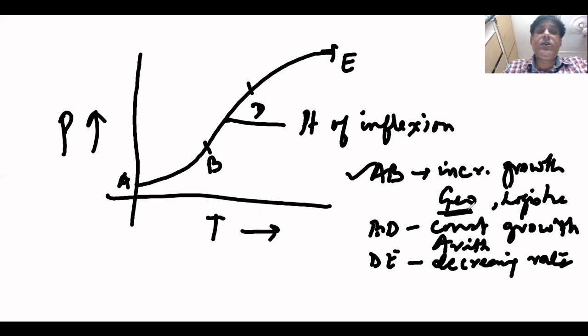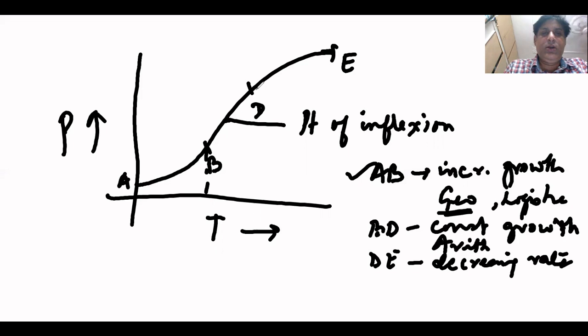There was a constant growth in portion BD, which was depicted by arithmetic increase, because for arithmetic increase you've got the formula Pn is equal to P0 plus n x-bar, where x-bar is the average. The population is increasing by a given amount every year. So the increase is constant, and that is why this portion BD is there.